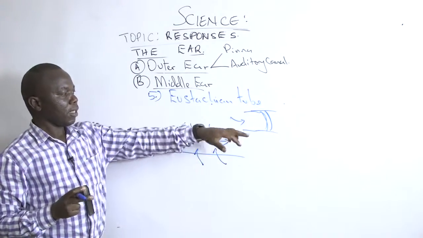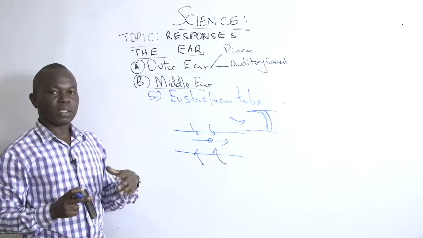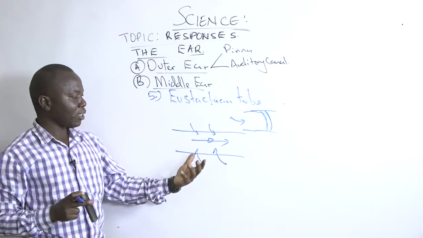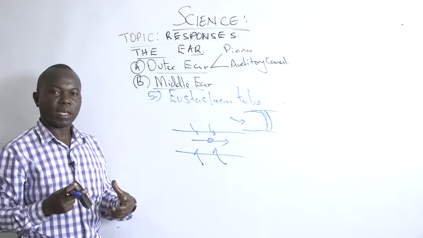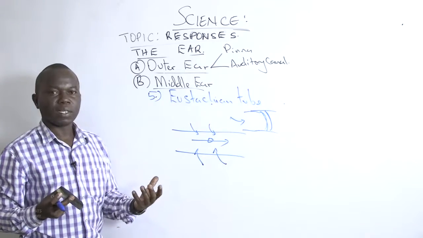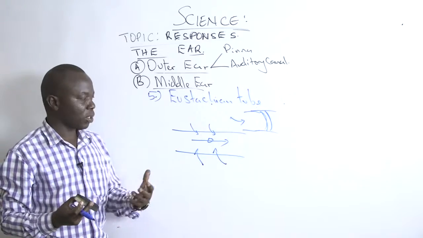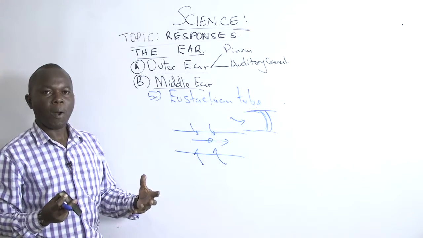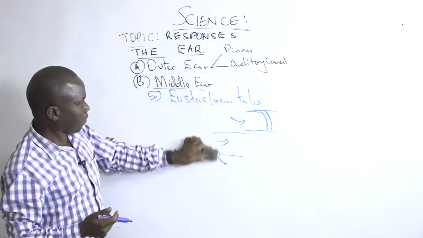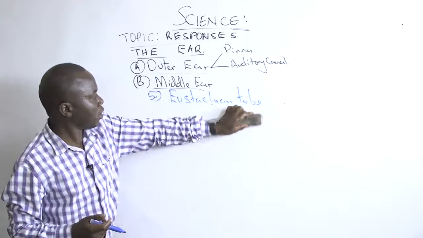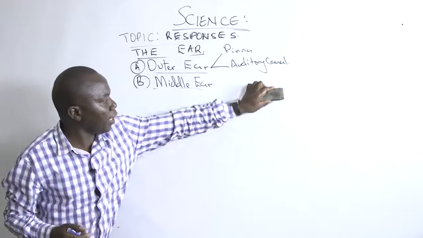So the Eustachian tube will come in to equalize the pressure. You realize that after traveling a long distance, you feel some discomfort in your ears. So what you can do, you can swallow something. You can chew maybe on bubble gum. You swallow the saliva. The Eustachian tube opens to equalize the pressure. So those are the parts that make the mid-ear.